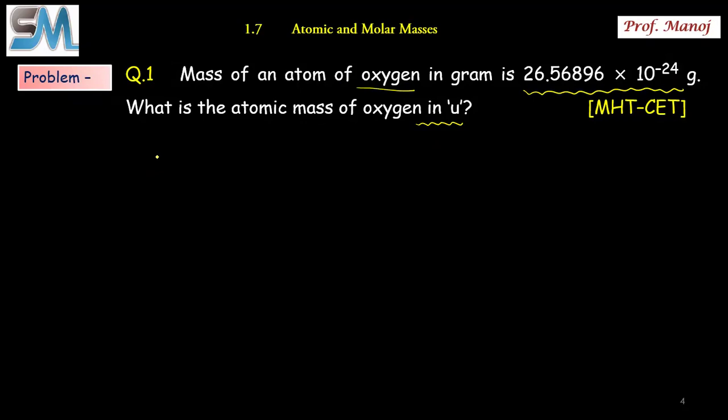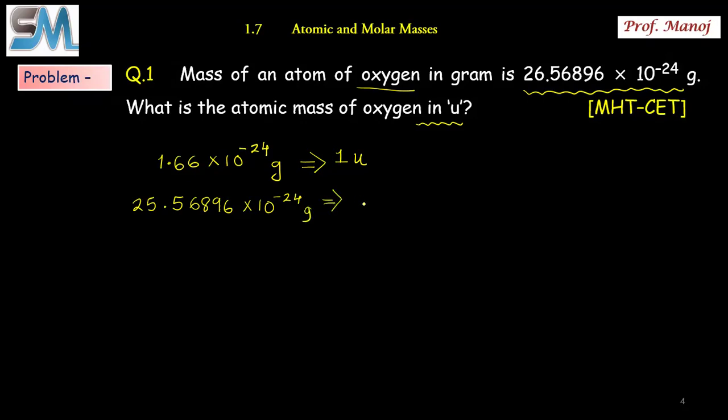We know a standard relation, 1.66 into 10 raised to minus 24 gram is considered as 1 U. So 25.56896 into 10 raised to minus 24 gram would be how many U?